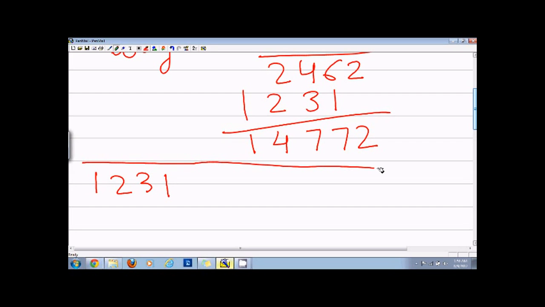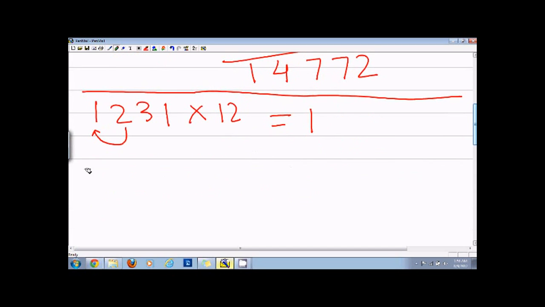Now if I look at the problem again, I say 1 2 3 1, and now I will use my own way, so I will multiply it by 12. In this case I'll first write 1 and then add 2 into 1, but instead of adding it one time, I will add it two times.